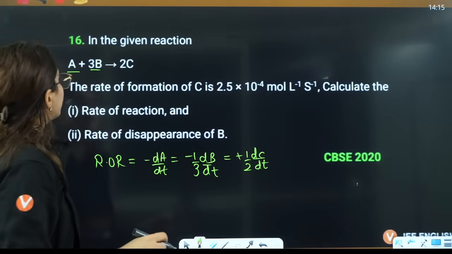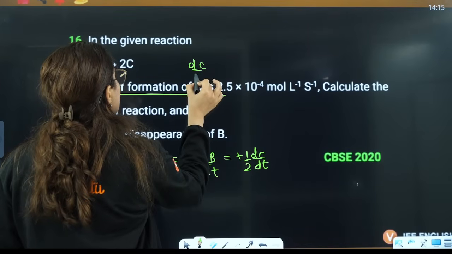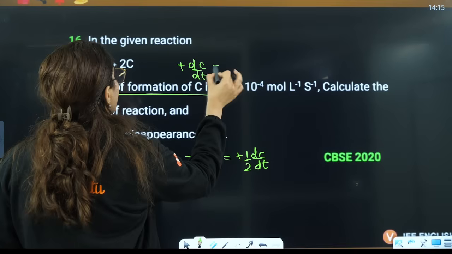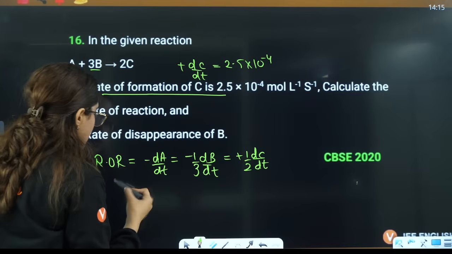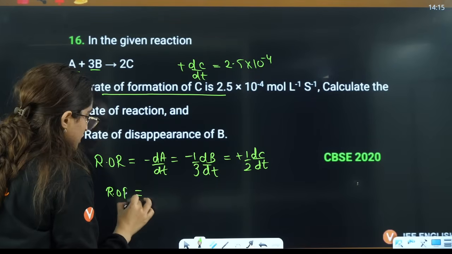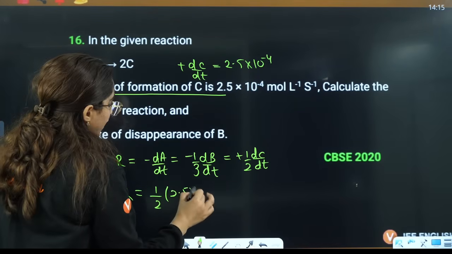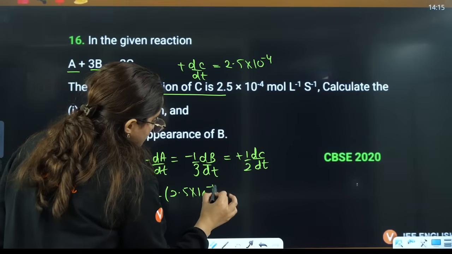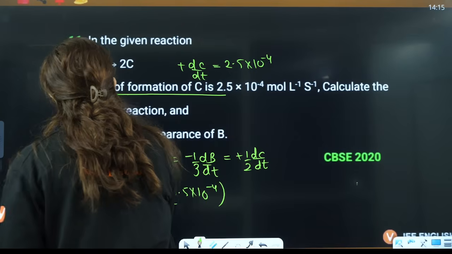Now they have given you the value of rate of formation, that means dC by dt they have given to be 2.5 into 10 raised to power minus 4. So rate of reaction will be half of 2.5 into 10 raised to power minus 4. Okay, that is A part.